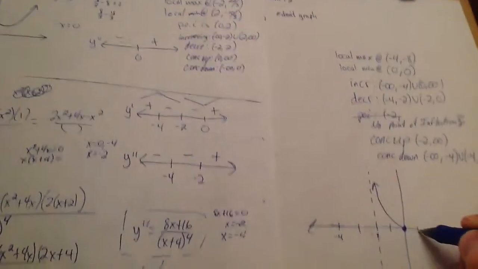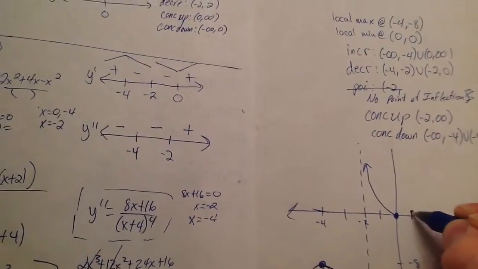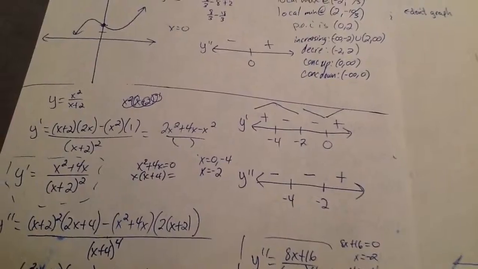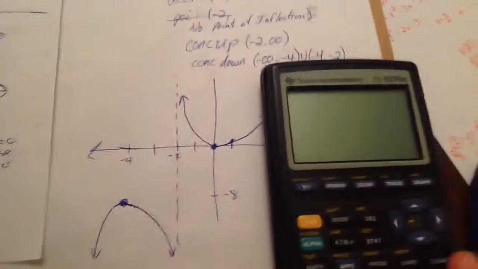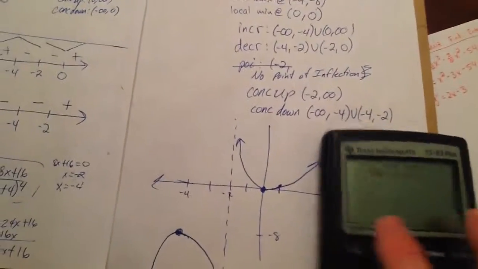Like, if I plug in 1, that'd be 1/3. Okay, cool, so it's barely up. Plug in 2, that'd be 4 over 4, it'd be 1. It's just going to slowly come up. Something like that. I don't really see how accurate this was. I bet it's going to look a little more stretched out than this.